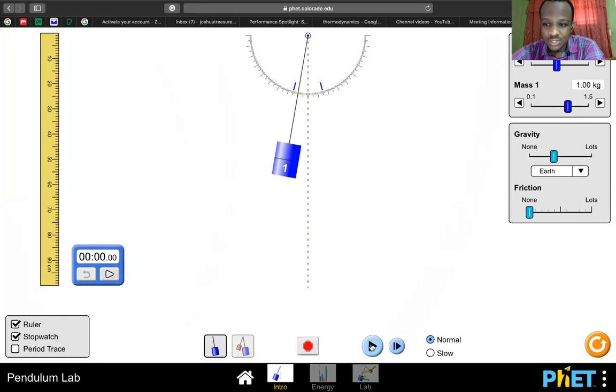So we change this now. Let's say we're on the moon. What would it be like? The acceleration due to gravity, right? Let's go. So you realize that the pendulum is moving a lot slower, right?